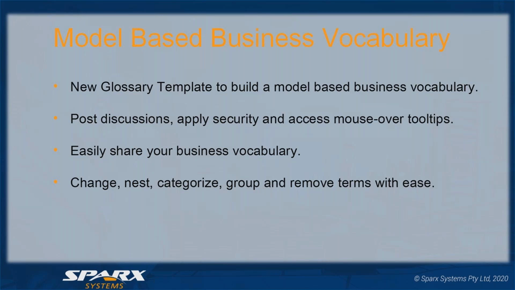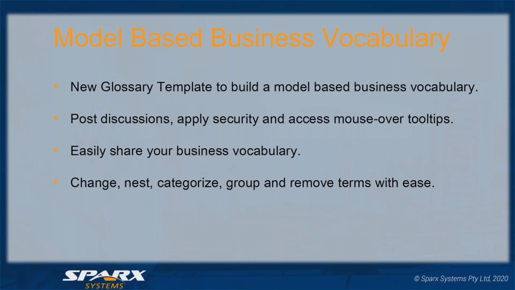So you can model your glossary terms and have them within Enterprise Architect. This is quite powerful because this new glossary template allows you to build a model-based business vocabulary. Now, if you have a large team, you might have a specific term that gets used in the organization, but it might have a number of different meanings.